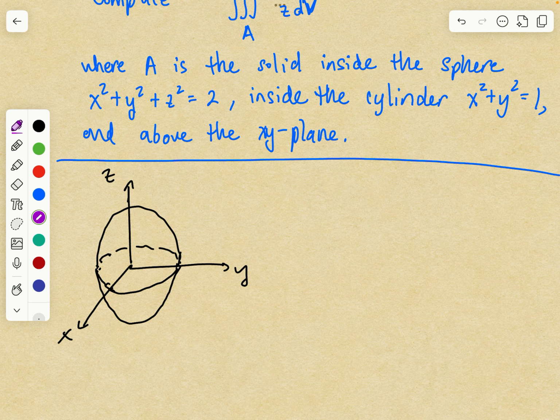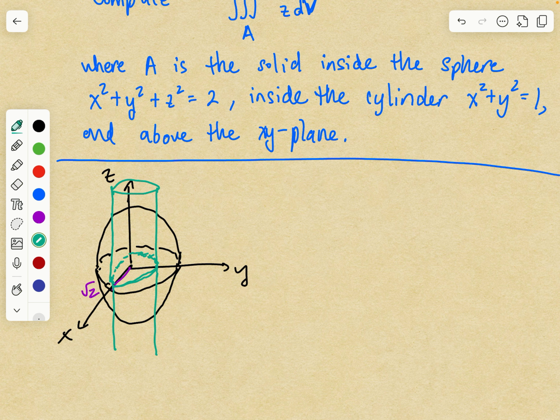Okay, so this is going out to the square root of 2, right? So 1 is less than the square root of 2, and so you have the cylinder like this, inside it, and then it's going around like that. Okay, it's not very circular. So you have this part, and then above the xy plane.